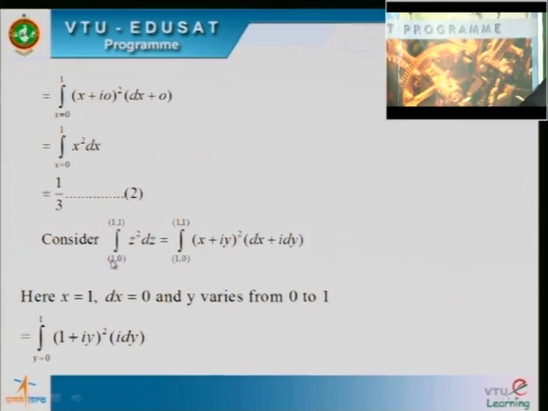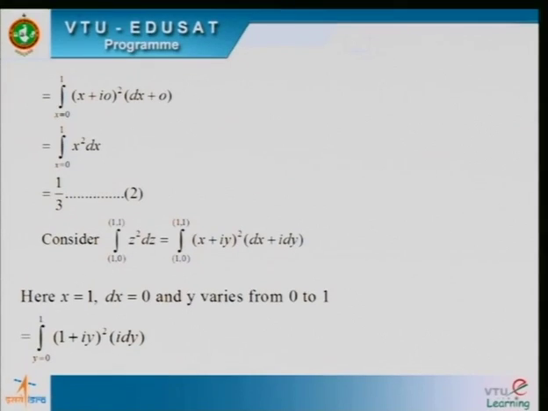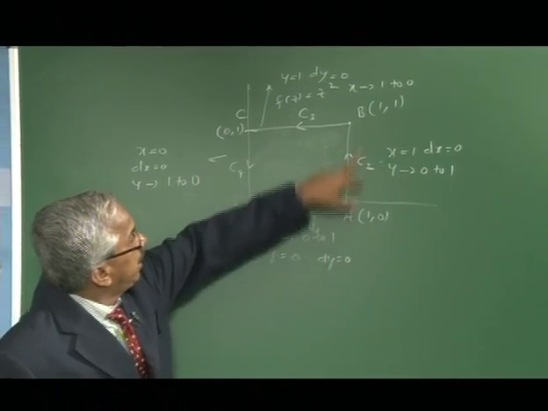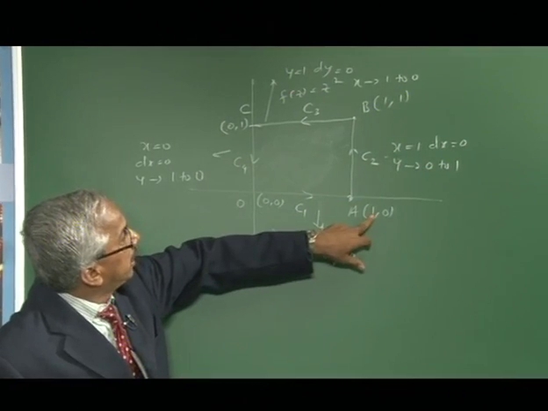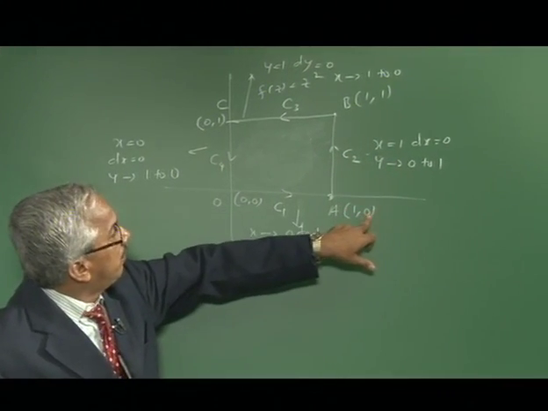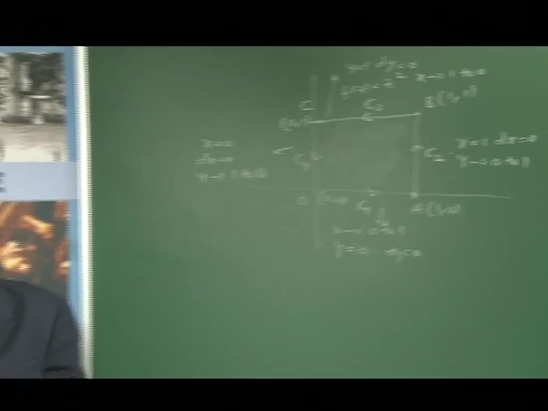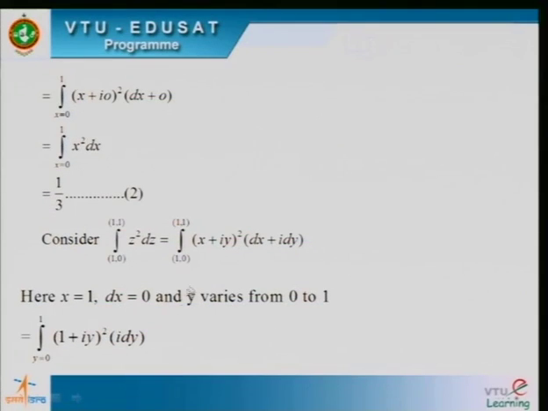The second integral is along the line joining AB, or curve C2, that is x is equal to 1 and y varies from 0 to 1. X equal to 1 means dx is equal to 0, there is no variation because it is constant, and y varies from 0 to 1. Substituting x equal to 1 and the limits of y from 0 to 1 in the integrand gives (1 plus iy) whole square times i dy.